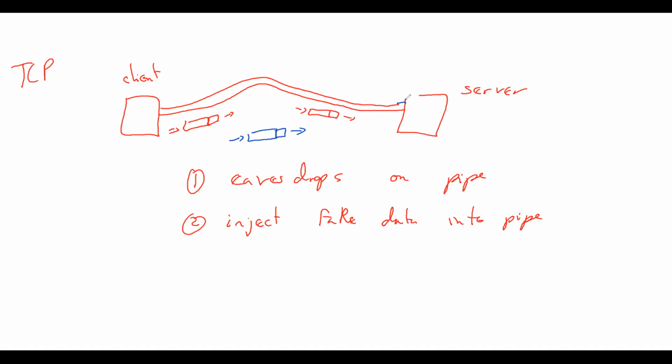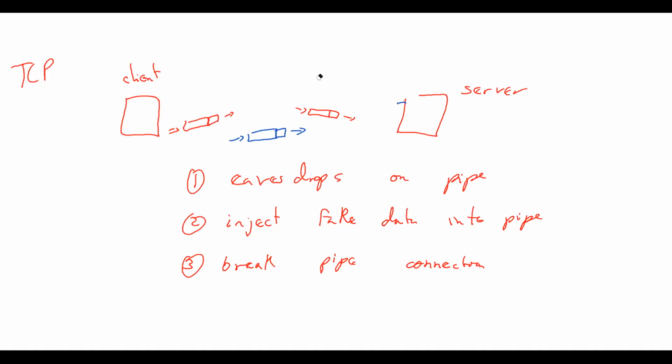Another thing that the attacker could do is break the pipe connection. Going back to this example, you have the correct packets being sent back and forth. The attacker sends their bad packet, and then all of a sudden, when it's received by one end, boom, they break the channel.